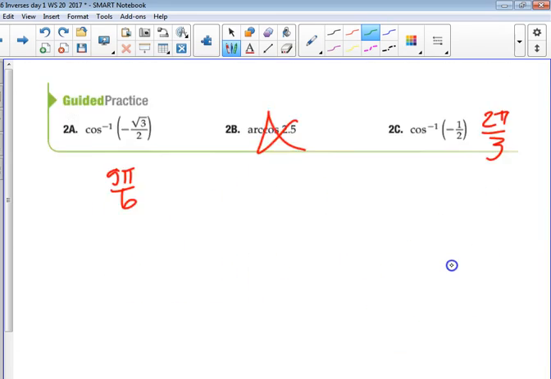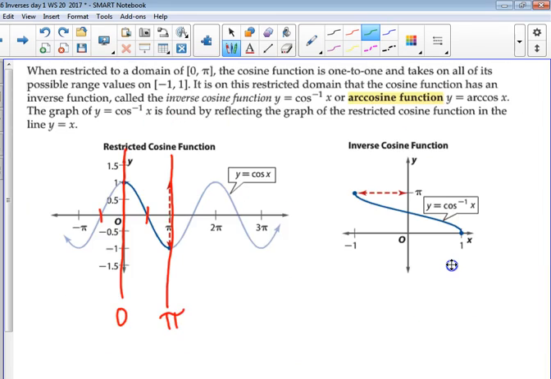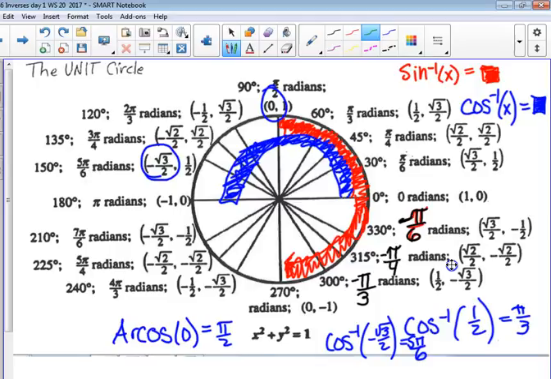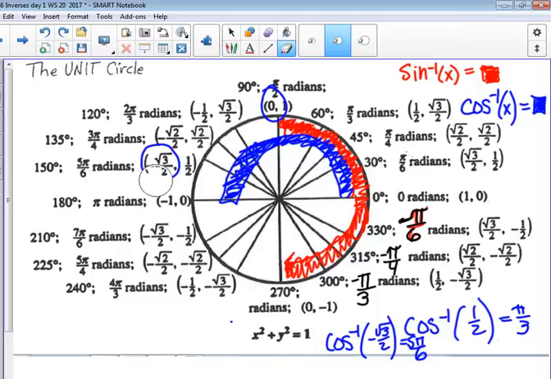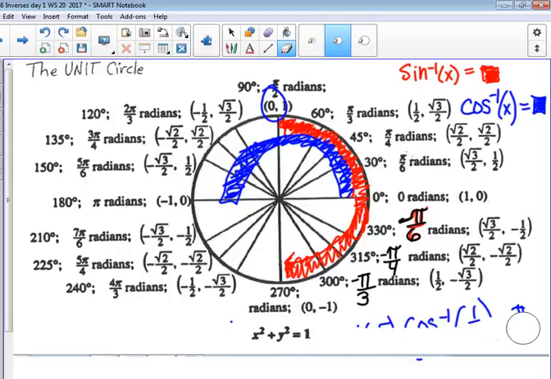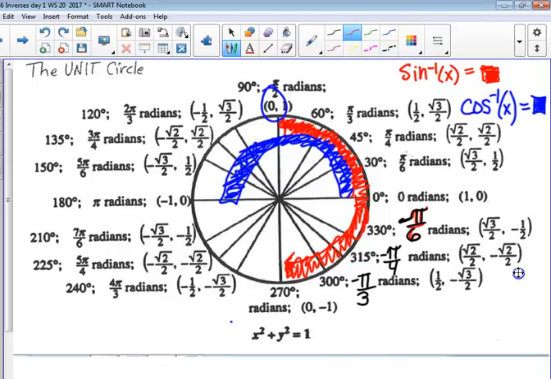What do we need to add to this graph? Do we need to add anything? Which quadrants matter for arctangent or inverse tangent? It's positive pi over 2 to negative pi over 2. So it's 1 and 4.